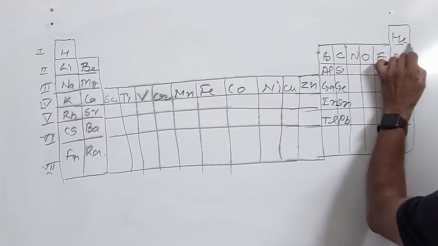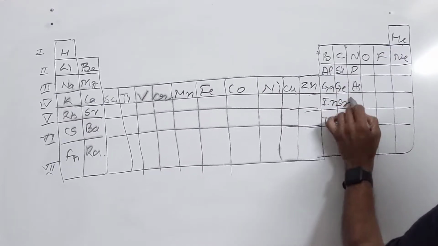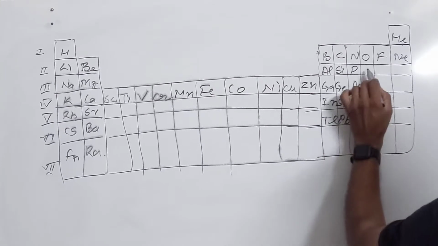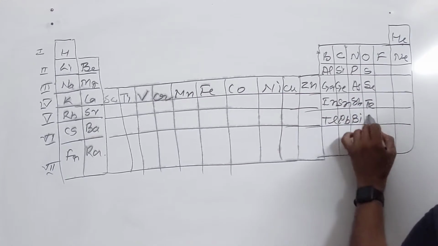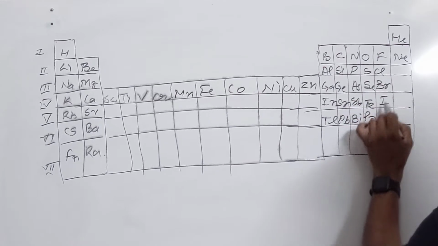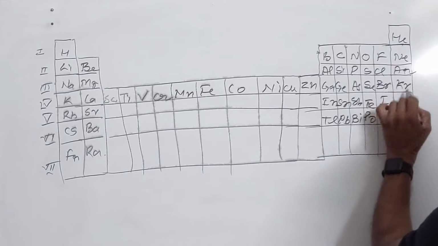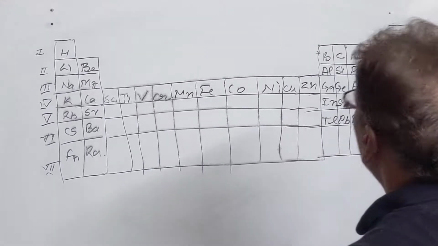This is helium. Then the last group: helium, neon, argon, krypton, xenon, radon. These are the elements of this periodic table.